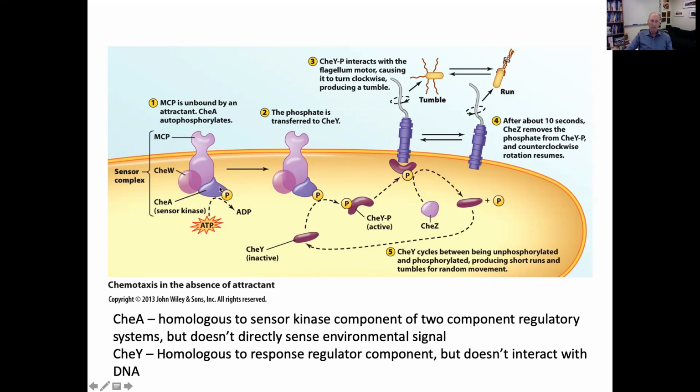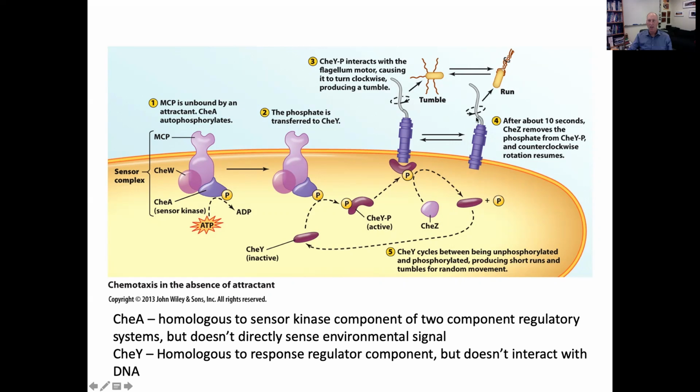Okay, so tracing this back to the start, if there's no attractant bound, CheA is stimulated to phosphorylate. CheA then transfers phosphate to CheY, which goes here and tells it to tumble. So if there's nothing that it's sensing, it says, hey, let me look another direction.